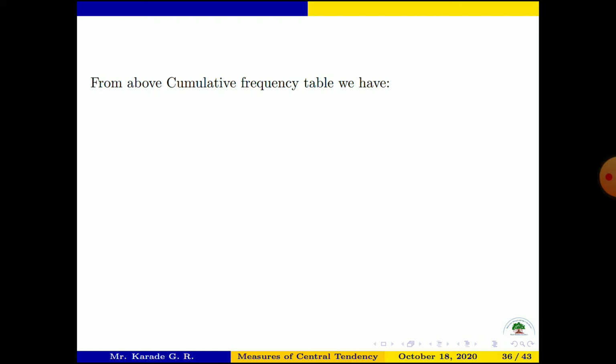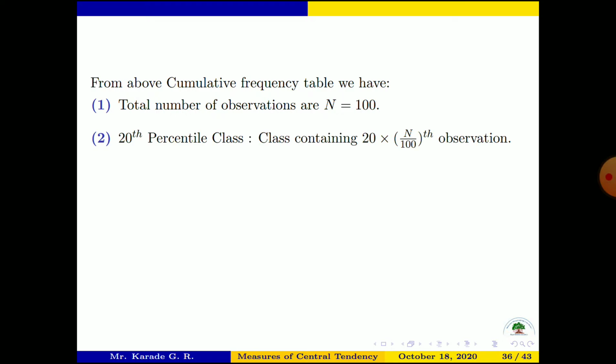Now from the above cumulative frequency table we have the total number of observations n equal to 100, and let us find the class of the 20th percentile. This class is nothing but the class containing the 20 into n upon 100th observation.